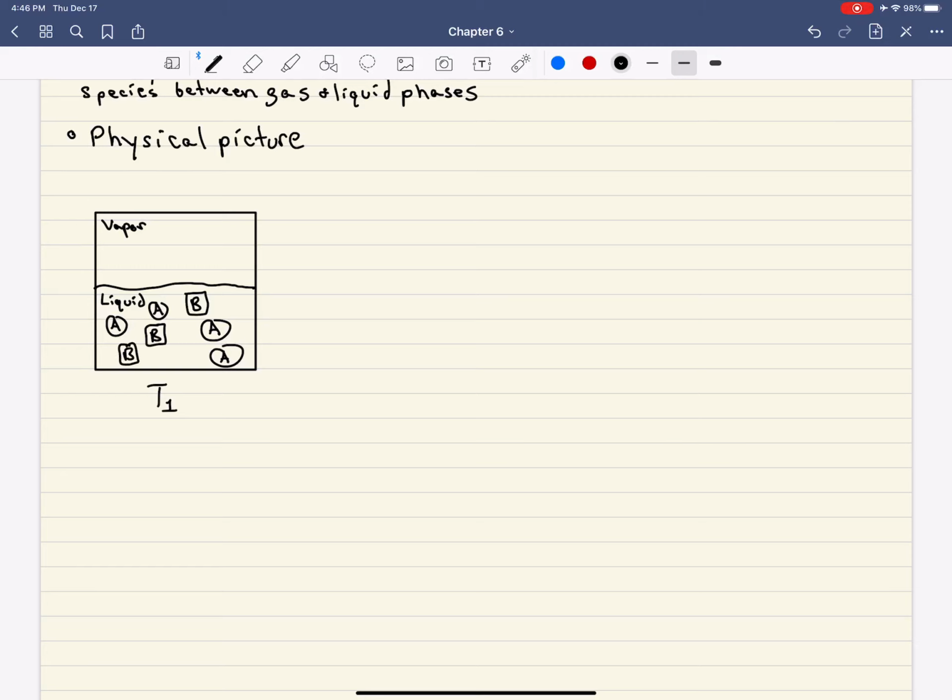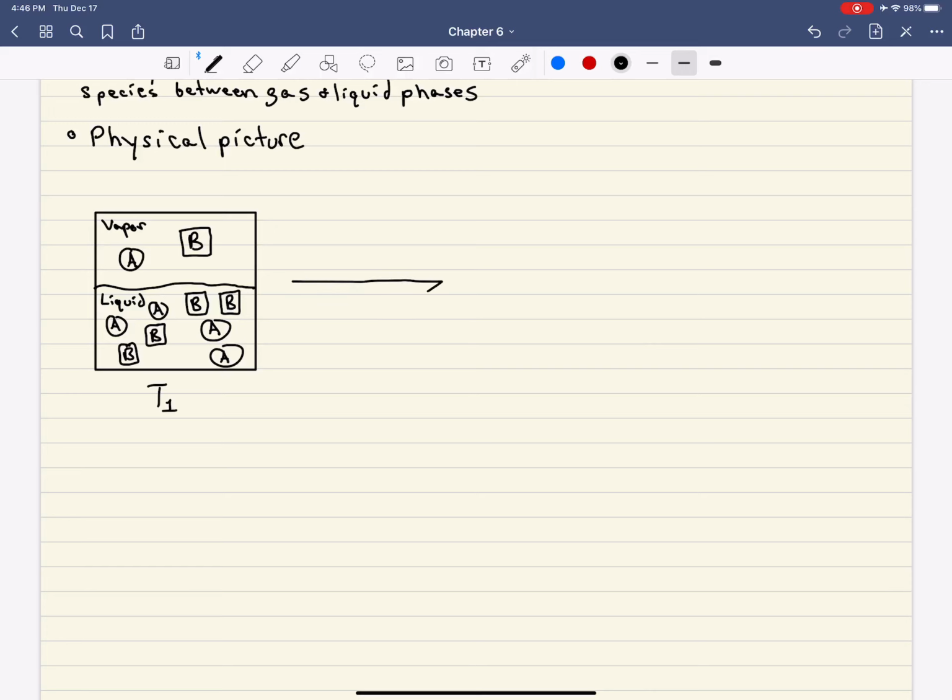In the vapor phase, let's also say we have an equal molar amount of A and B. But let's say that there's fewer molecules in the vapor phase than the liquid phase, right? Let's say that T1 is a fairly low temperature, right? And so this is the picture of the system in the initial conditions.